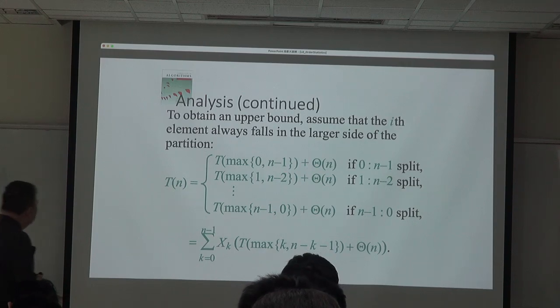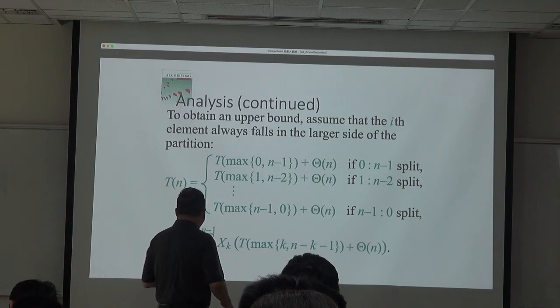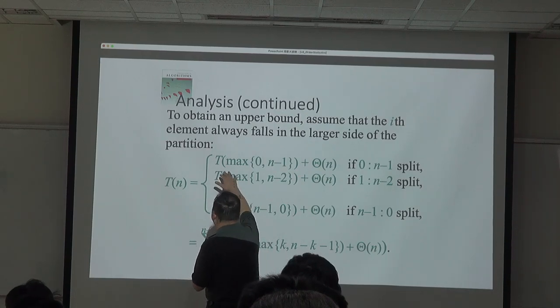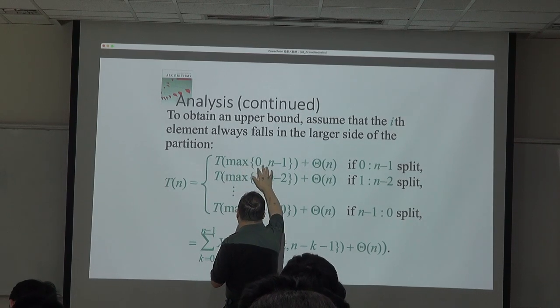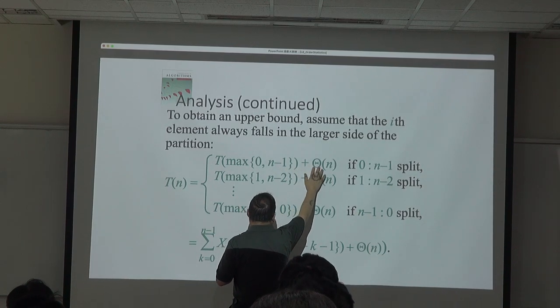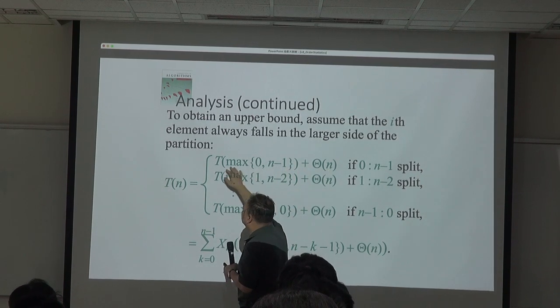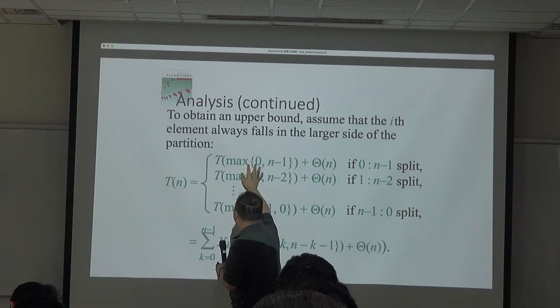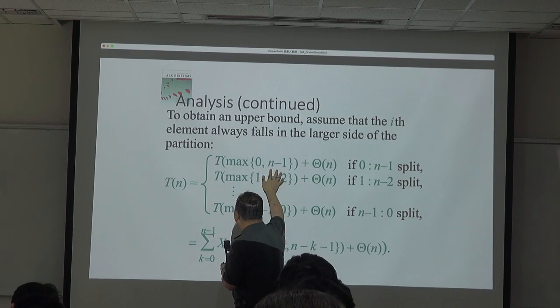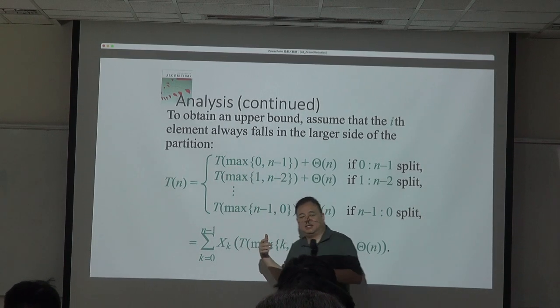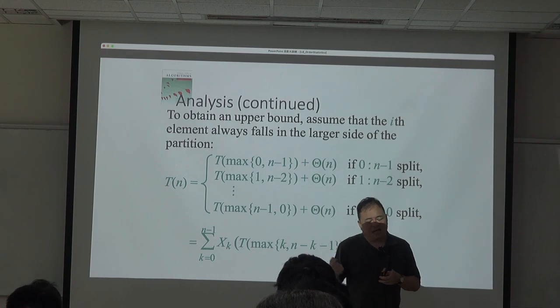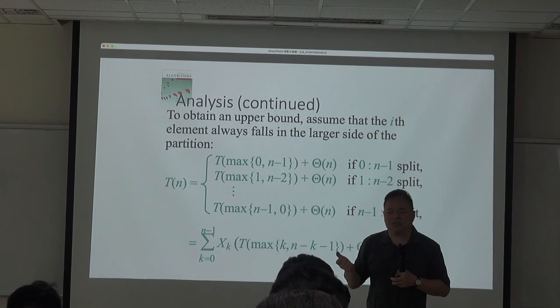The first case is T of n equal to T max of 0, n minus 1 plus theta n. Why do we use max? Because again we consider the worst case.